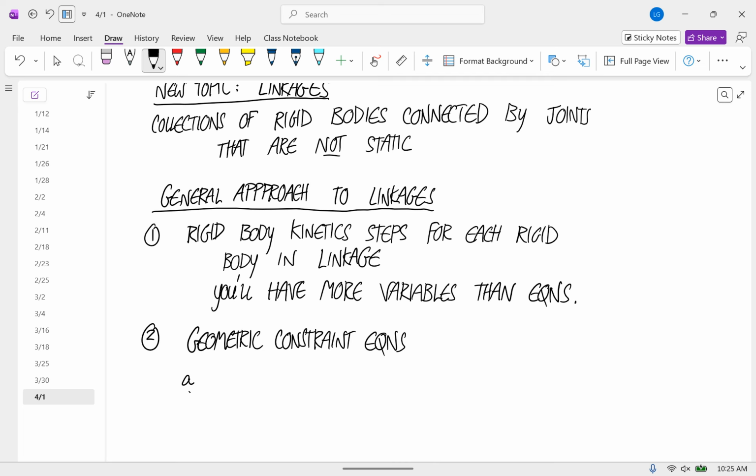There are really two types of joints that we're going to have. These constraint equations always happen at joints.